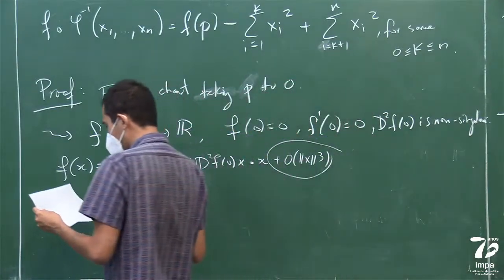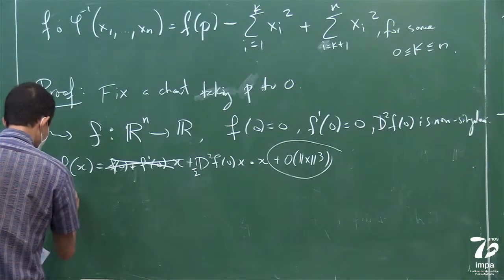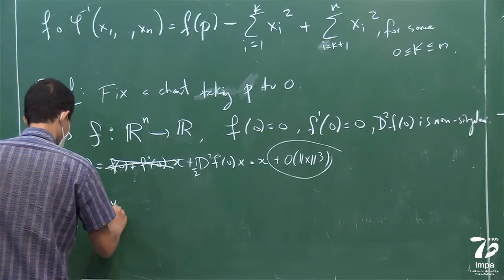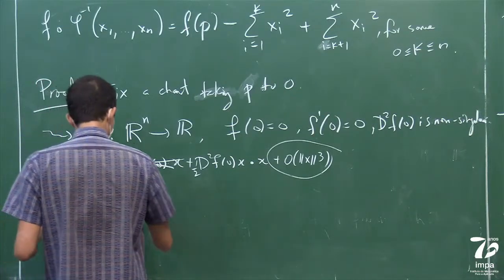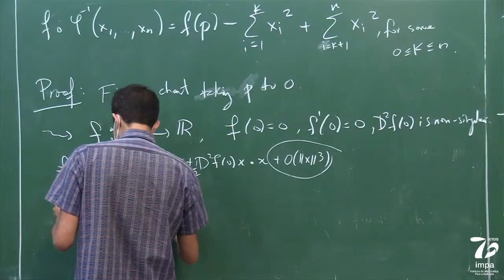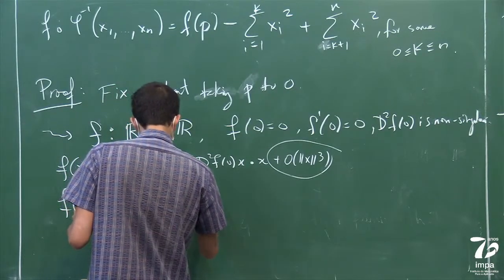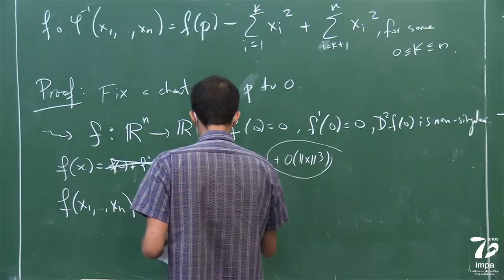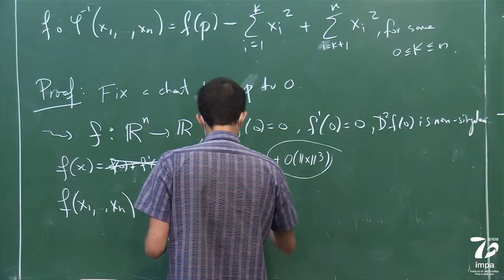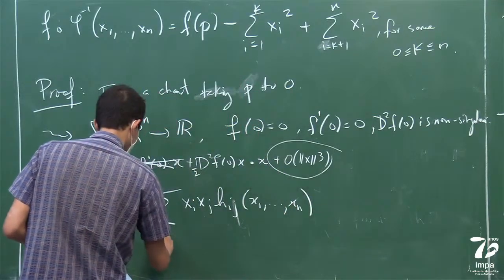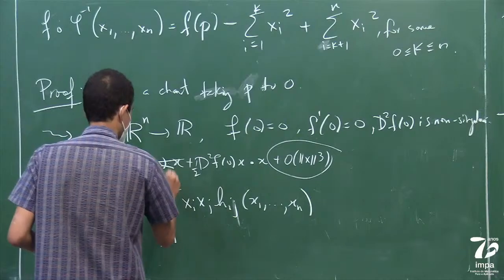So what you actually can do is write your function, and I'm going to write it like this: f of x1 through xn as basically the sum of xi xj times some function hij of x1 through xn, for i and j from 1 to n.